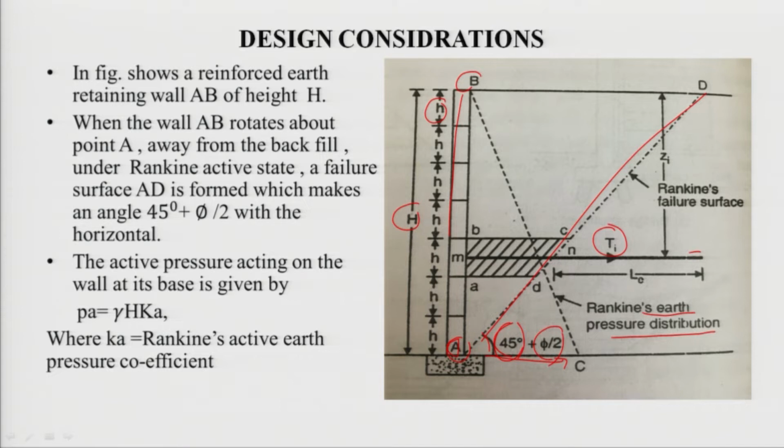So, we can rotate this whole thing about the A, then we will make a Rankine's failure surface like this way. So, AD is the Rankine's failure surface.